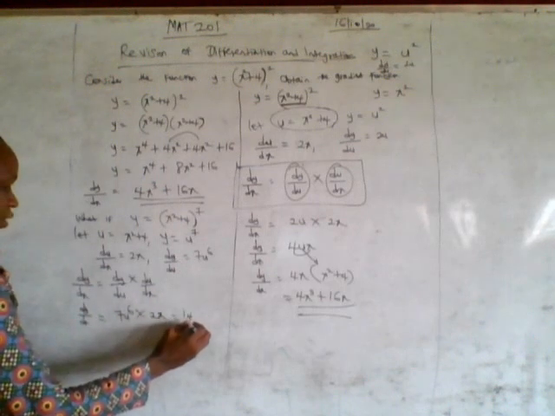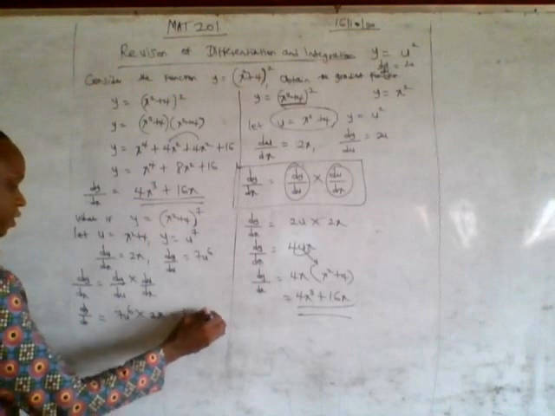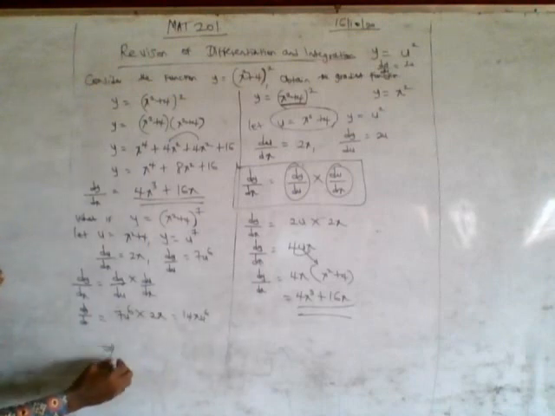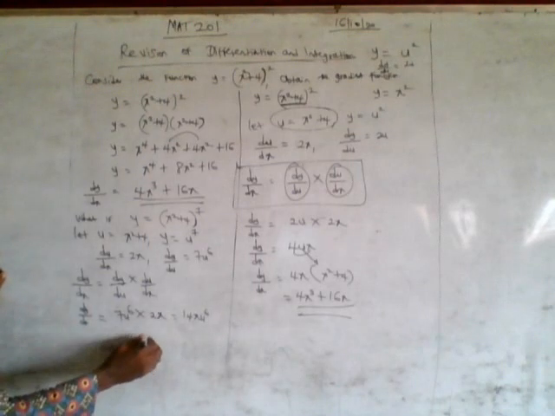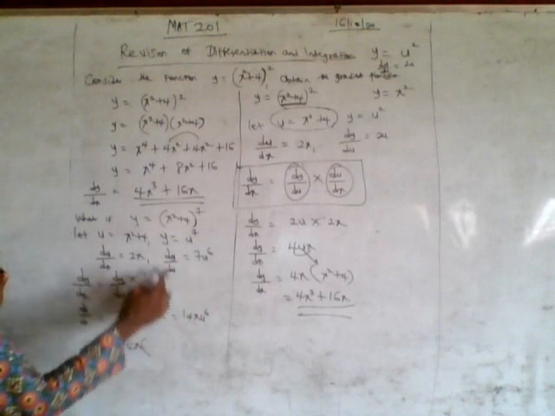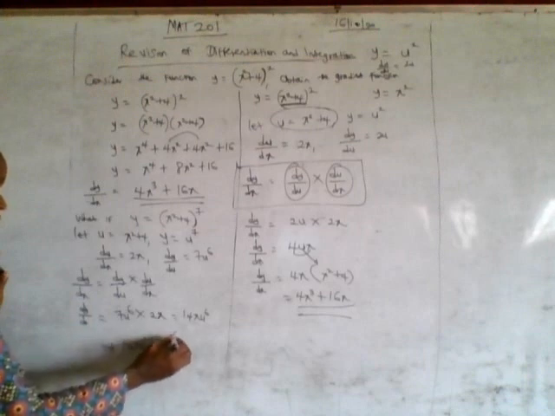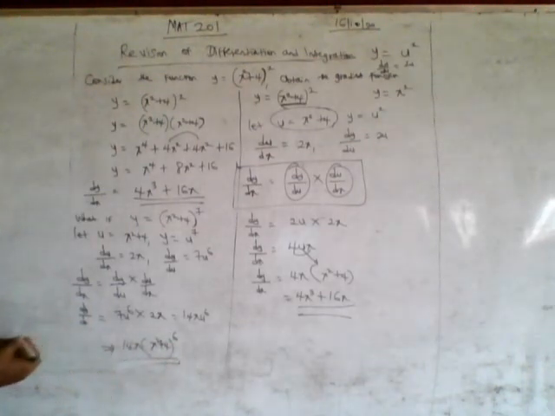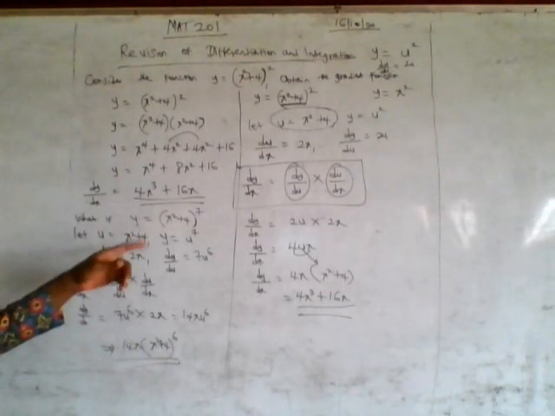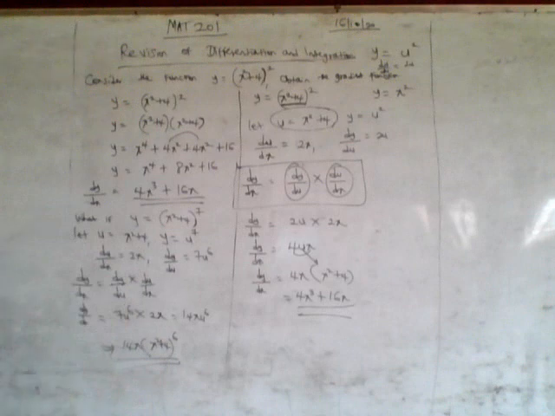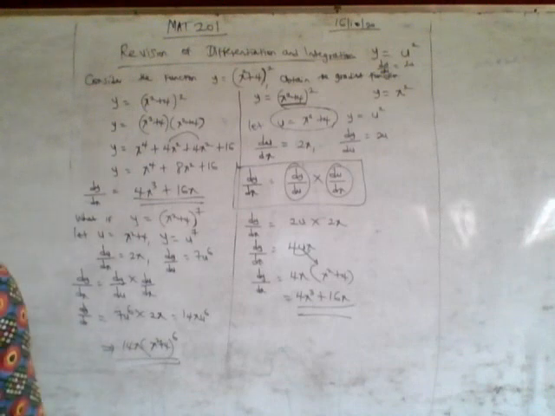This gives 14x times u to the power 6. So if I multiply, this is the derivative of x squared plus 4 to the power 7. We continue.